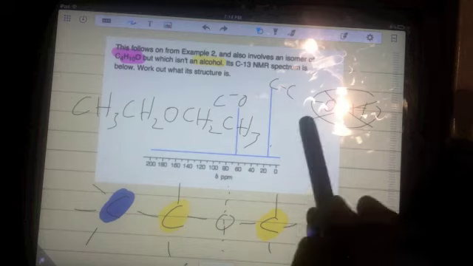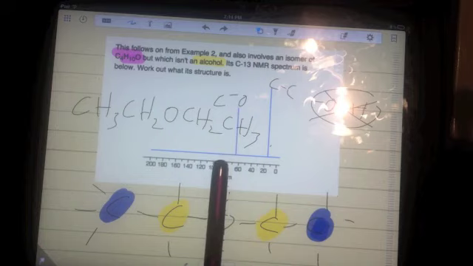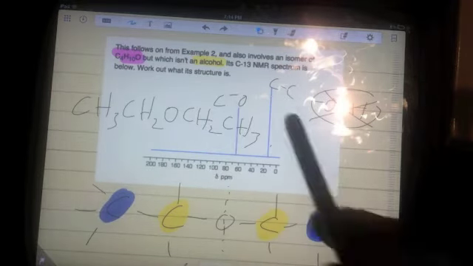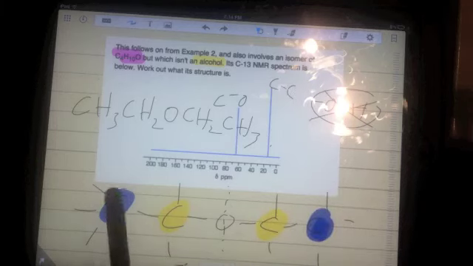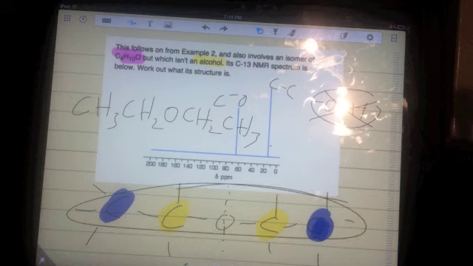And that's based on understanding the symmetry about somewhere, understanding that we have a carbon bonded to oxygen here, and a carbon bonded to carbon here. It has to be symmetrical, and this must be our molecule.